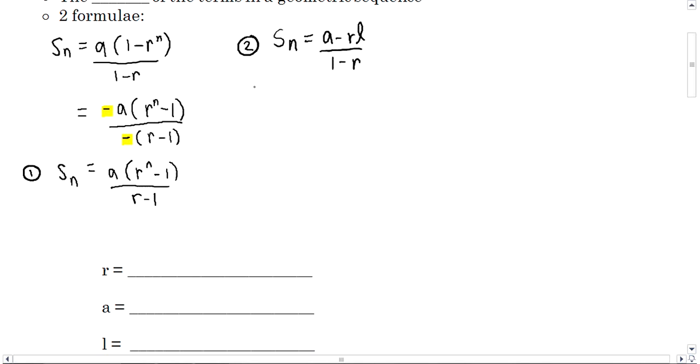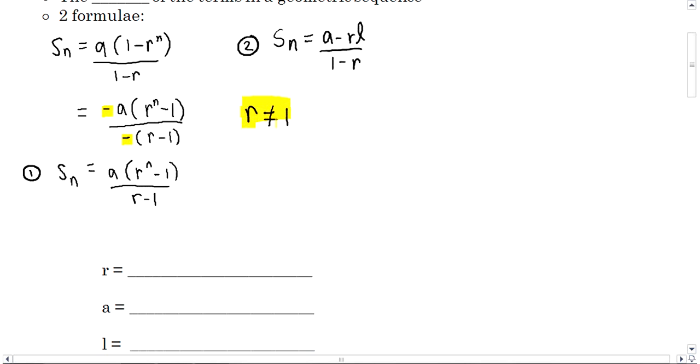Now, I must say one thing here. Notice that we've got a rational expression where you've got a denominator, right? So you cannot have a specific number for r, and I'm going to tell you what that is. r cannot be equal to 1. Why is that?